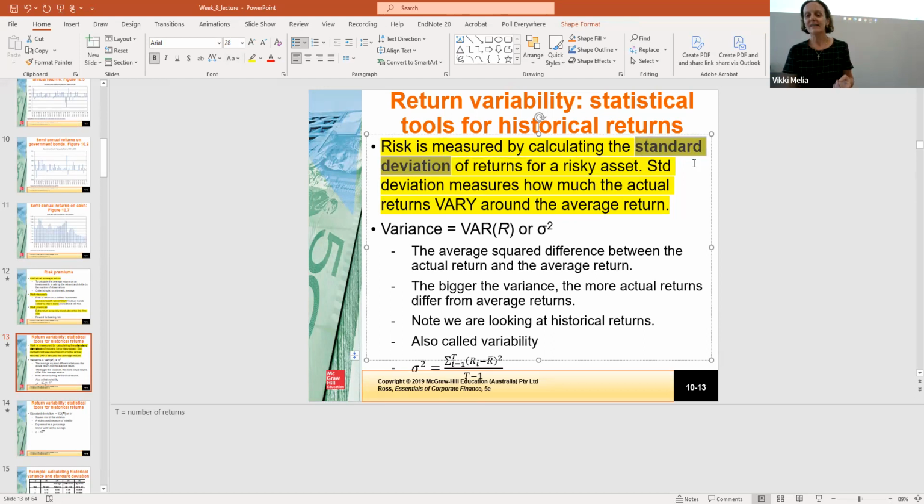To calculate the standard deviation, we need to calculate the variance first, and then the standard deviation is the square root of the variance.